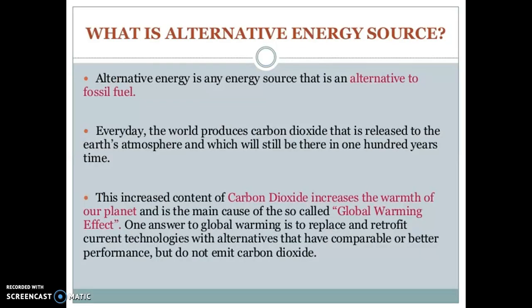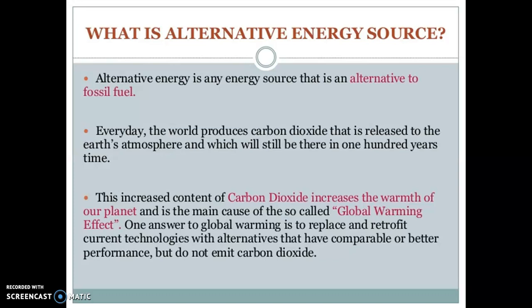What is alternative energy itself? Here you may see some definitions and points about alternative energy sources. The first one: alternative energy is any energy source that is an alternative to fossil fuel. The second one: every day the world produces carbon dioxide that is released to the Earth's atmosphere and which will still be there in 100 years' time.